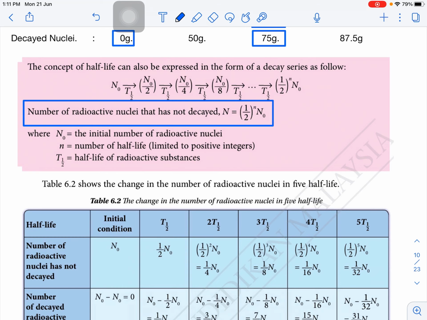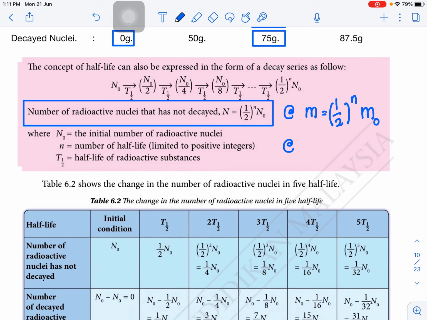So to know the number of radioactive nuclei, we can use the equation N equals half to the power of n times N0, the initial number of the nuclei. The equation can also be used to get the mass of radioactive nuclei: the mass equals half to the power of n times the original mass.